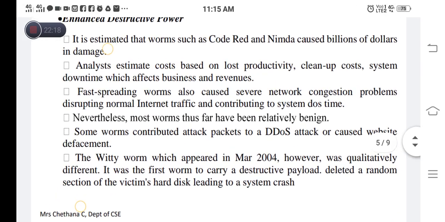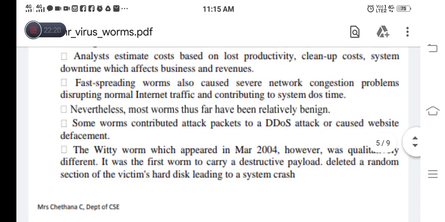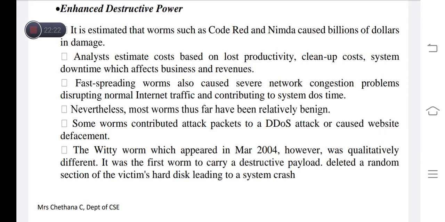Okay, that is also one of the attacks which can be done by worms. Then some worms contributed attack packets to a DDoS attack, distributed denial of service attack, or caused website defacement.